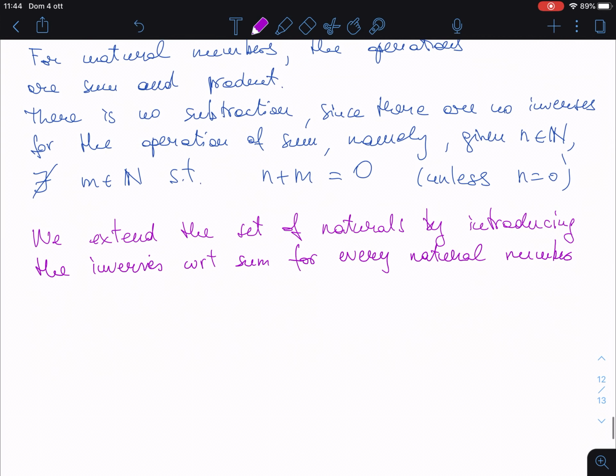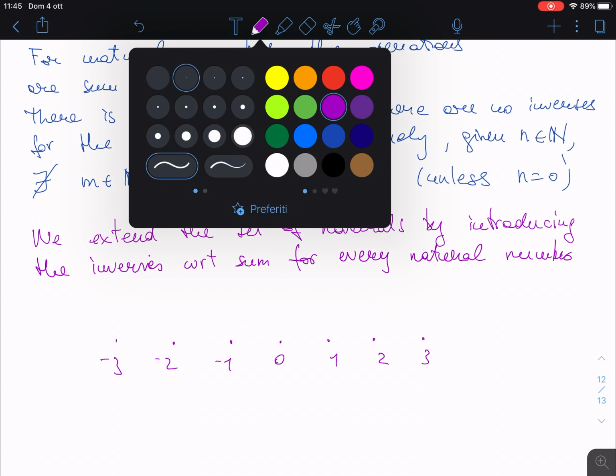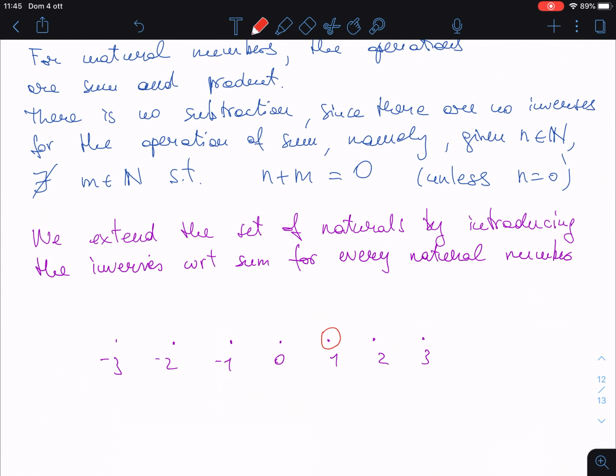So let me explain a bit better what I mean. So you have 0 here, we have 1, we have 2, we have 3. These are the naturals, but now here you write down -1, -2, -3. So in such a way that the inverse of 1 is here, is -1, the inverse of 2 is here, is -2, and so on and so on.